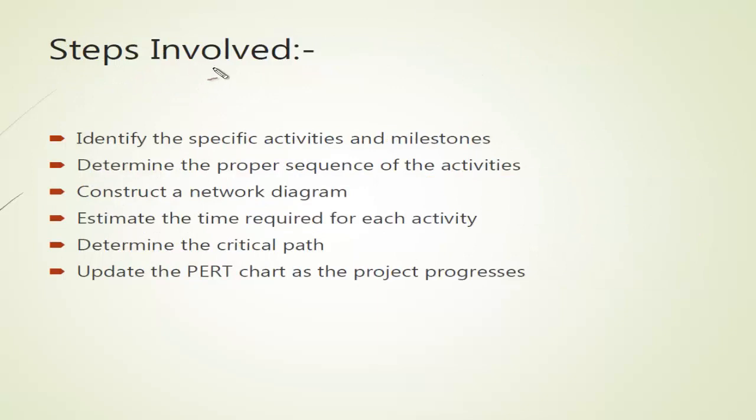So the steps involved are, first, like CPM, identify the specific activities and their milestones and what timings they have. They will be probabilistic times, not exact times. Then we need to determine the proper sequence of activities. After that, we can construct a diagram if we know the activities and the sequences they have, which activity comes after which activity.